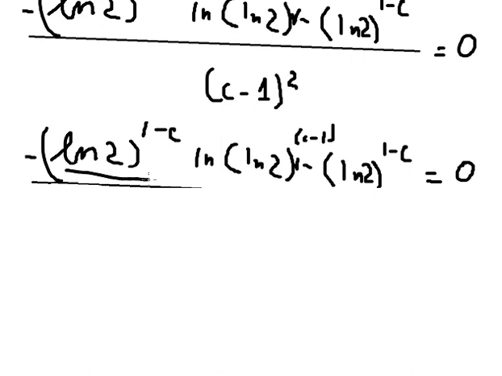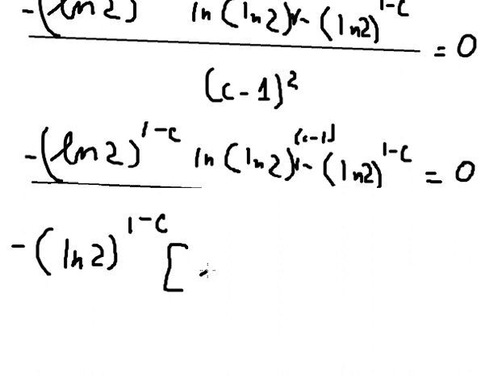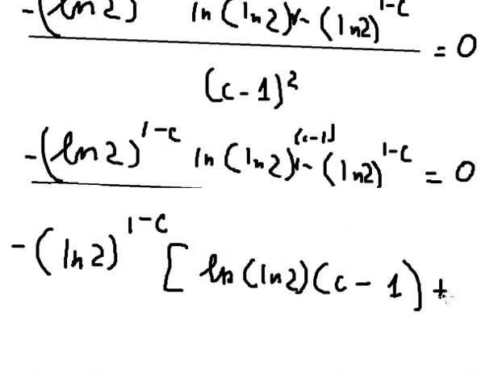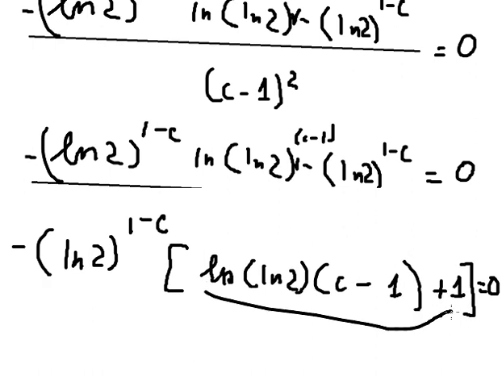So for this one and this one we can do factorization, and we put it outside in here. So we just have ln of ln 2 multiplied by c minus 1, and we have positive 1 in here. So we just have only this one equals 0.